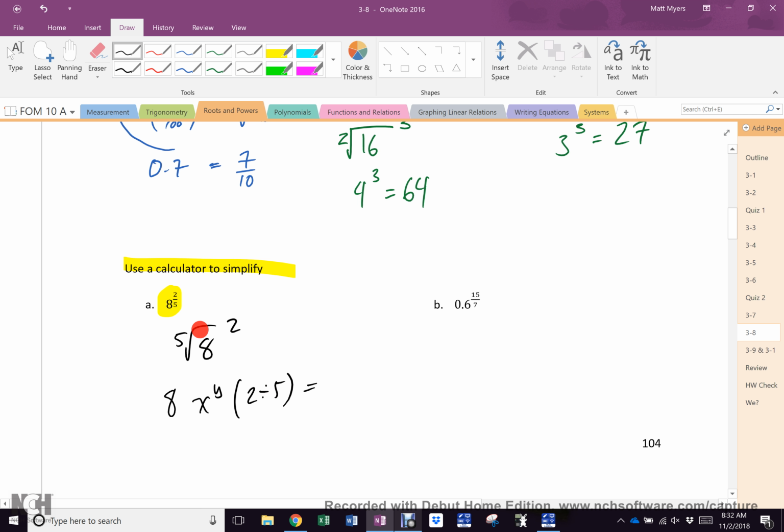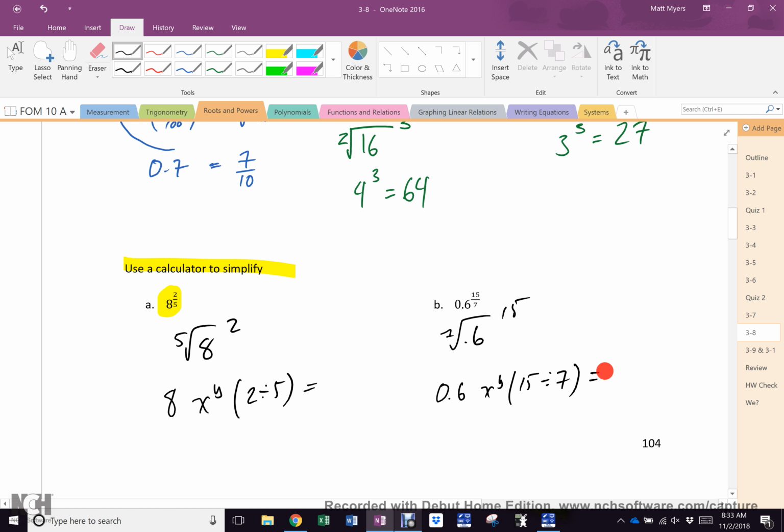Okay? What about this one? There is no 7th root of 0.6 to the 15th power. I can't do that. So it's a calculator issue. 0.6 x to the y, bracket, 15 divided by 7, close brackets. And it's a minuscule number.